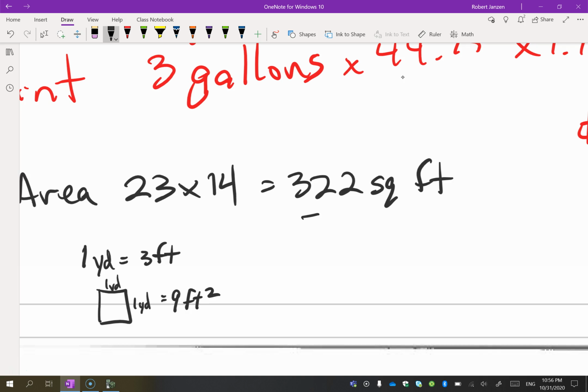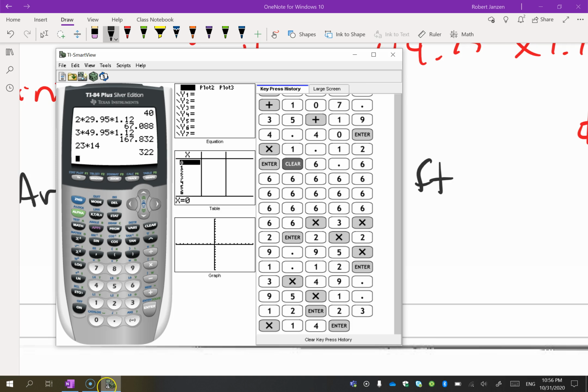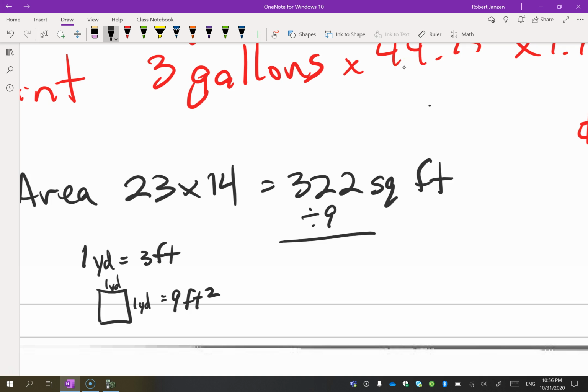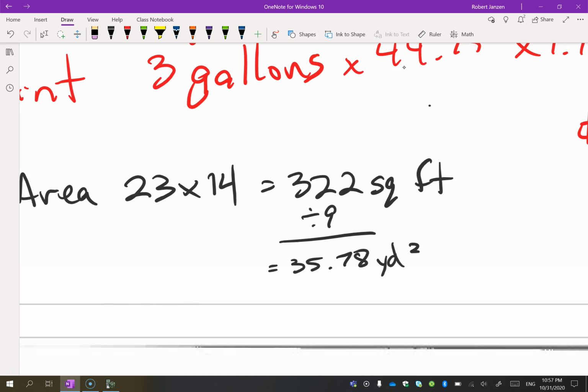So if we divide this by 9, it'll tell us how many square yards it is. So 322 divided by 9, 35.78. So 35.78 yards squared. Okay, so that's the area of the floor.